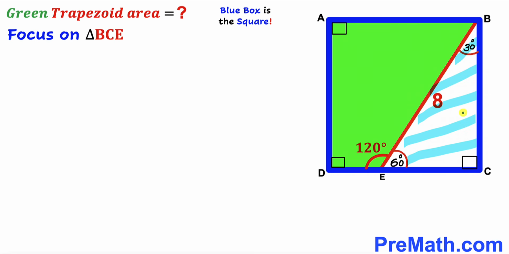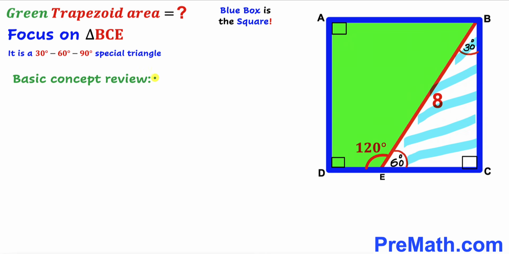Now we focus on this blue triangle BCE, and we can see this is our special 30-60-90 triangle, since this angle is 30 degrees, this angle is 60 degrees, and this angle is 90 degrees.